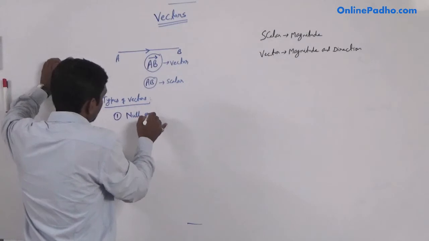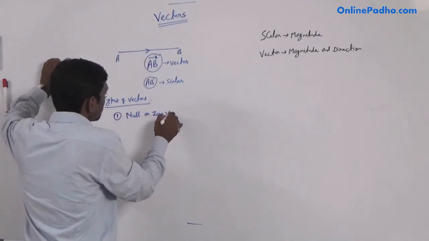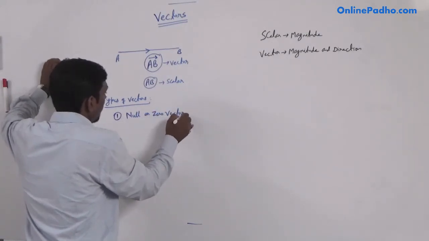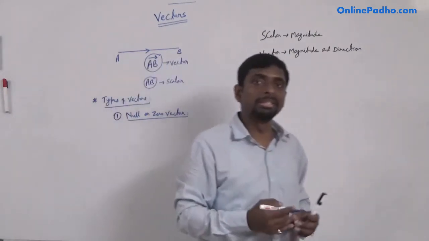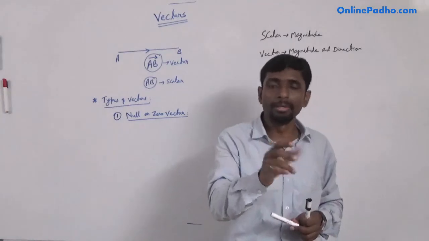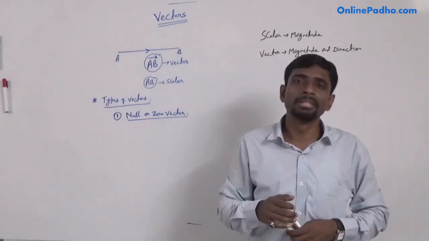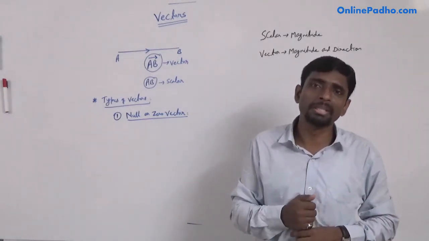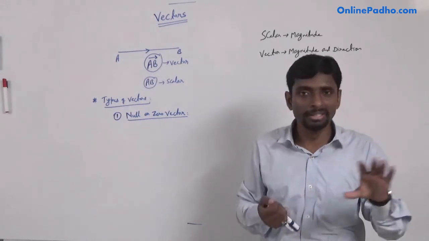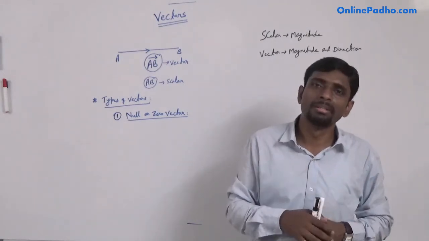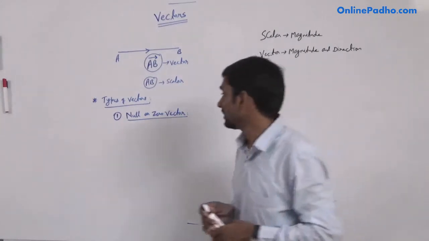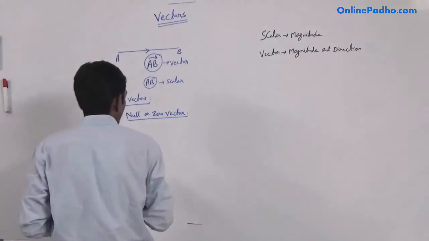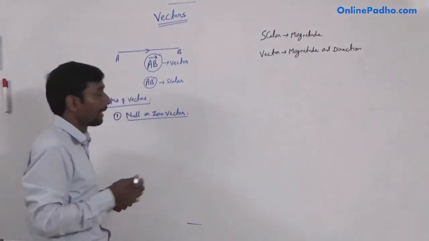Null or zero vector means the vector quantity having a direction but magnitude is 0, like velocity is 0 meter per second. The direction is defined, the force is 0 Newton, the direction is defined, but magnitude is 0. In this case, this type of vector quantity is called the zero vector or null vector.